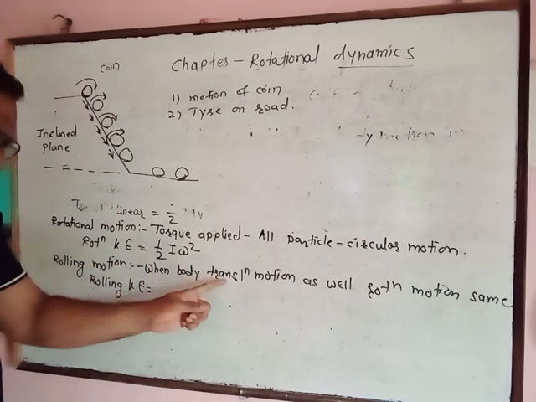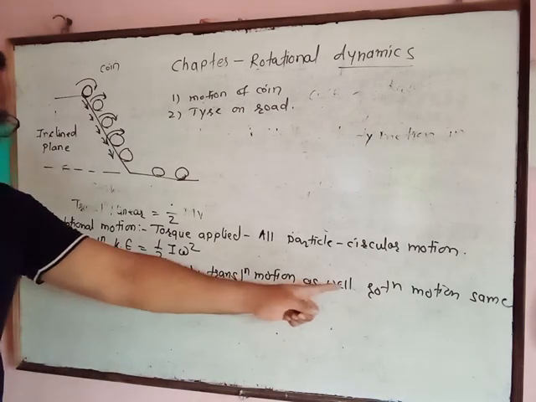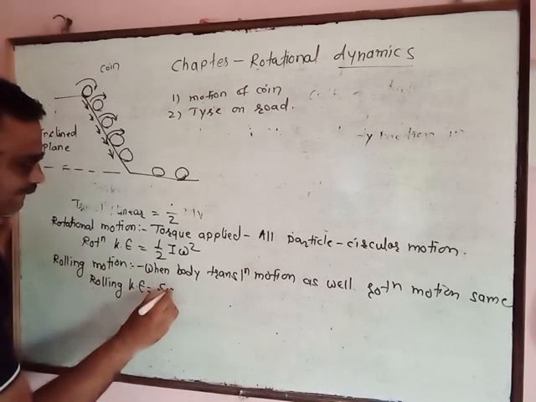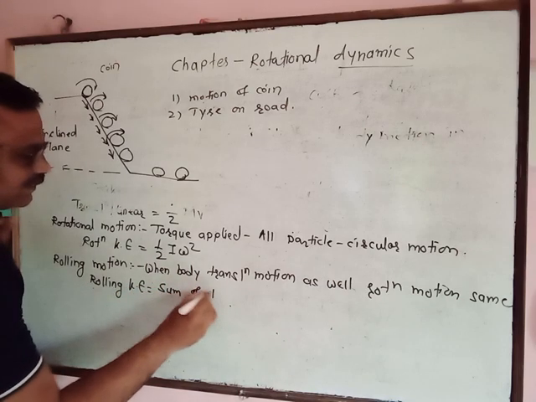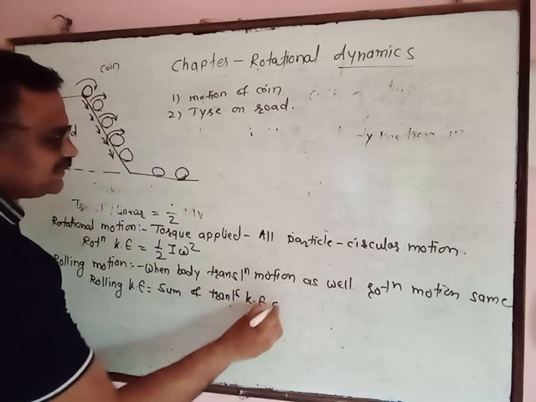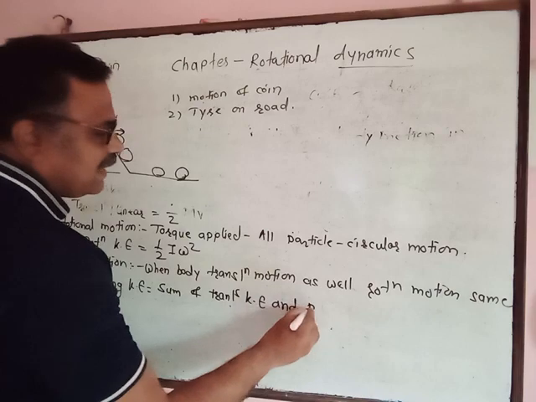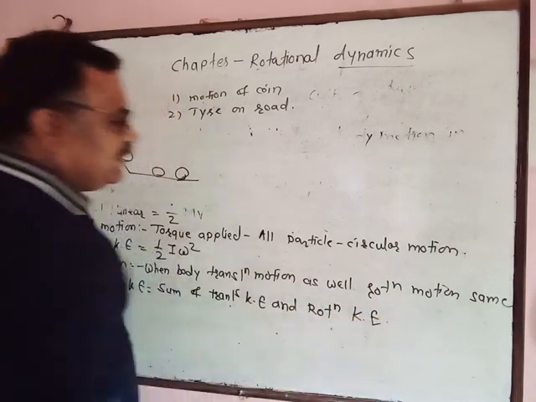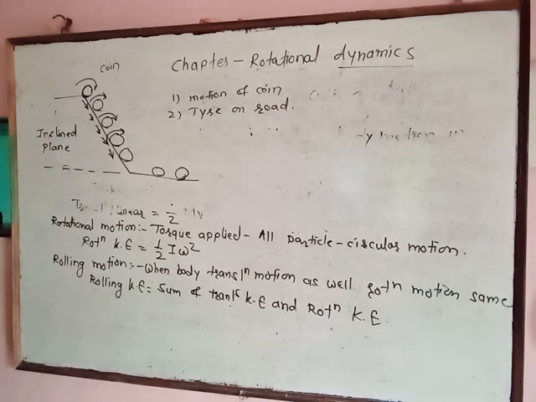The object performs translational motion as well as rotational motion. Therefore the sum of translational kinetic energy and rotational kinetic energy is equal to rolling kinetic energy.